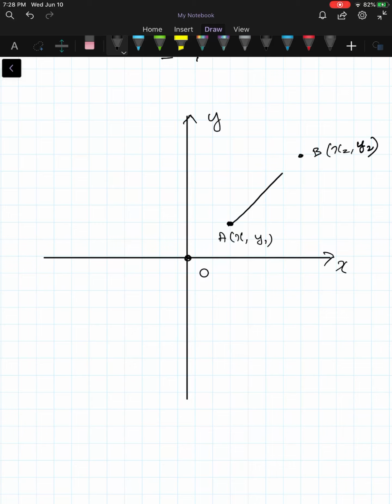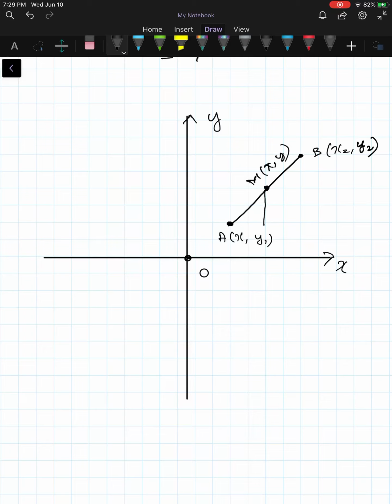So now I have to find out the midpoint of this line segment. Here, this is not a number, we have to find out a point, that is an ordered pair. So this would be M of x comma y. We have to find out what is this ordered pair, what is the value of x and what is the value of y, or which is that point M.